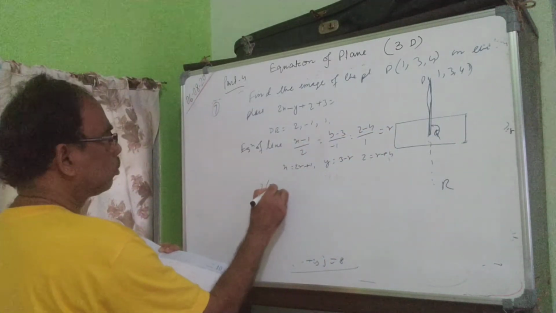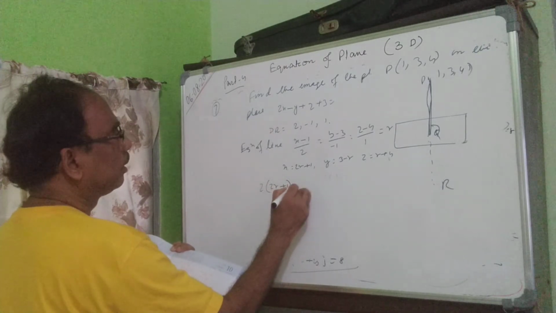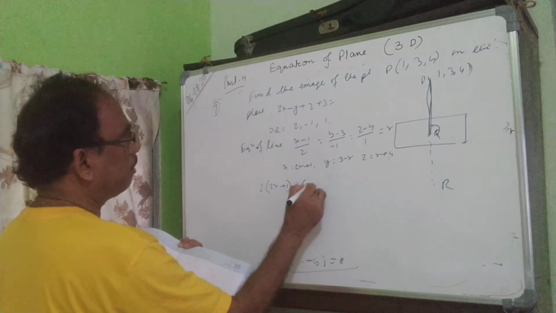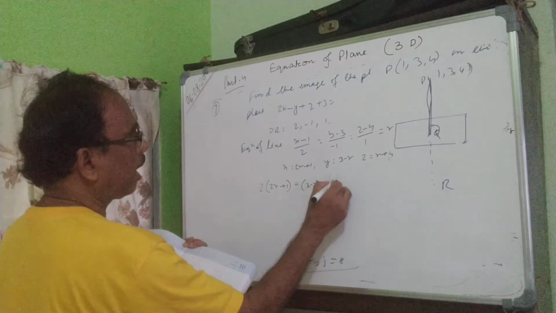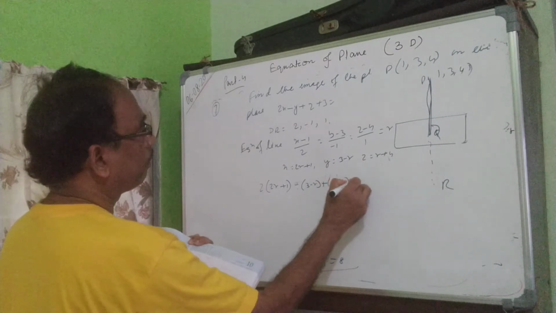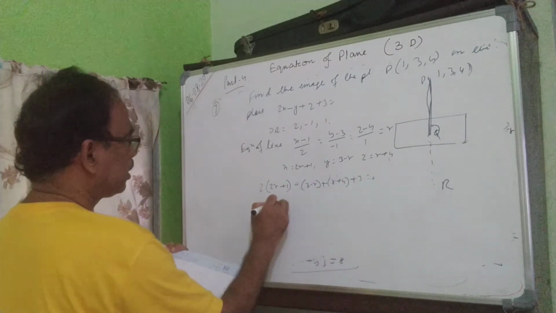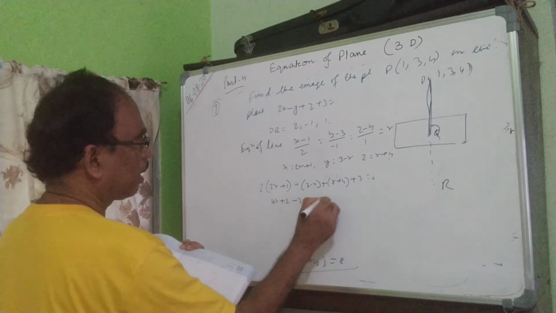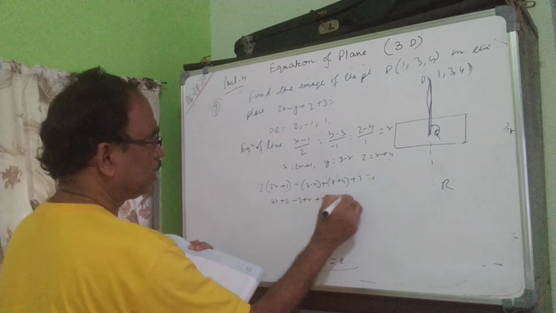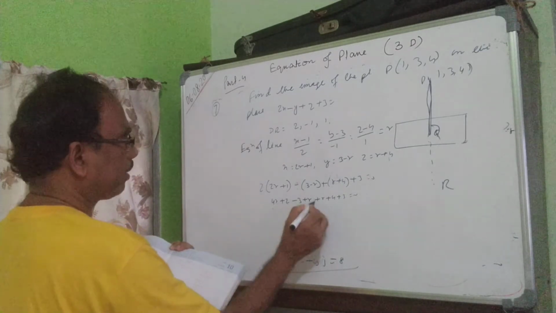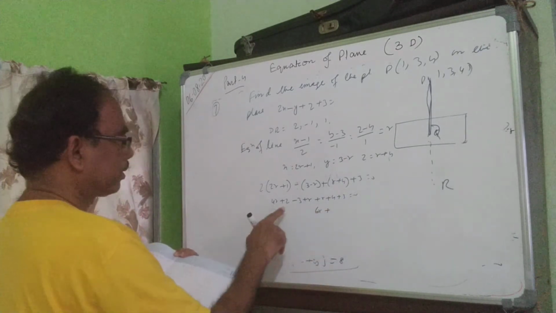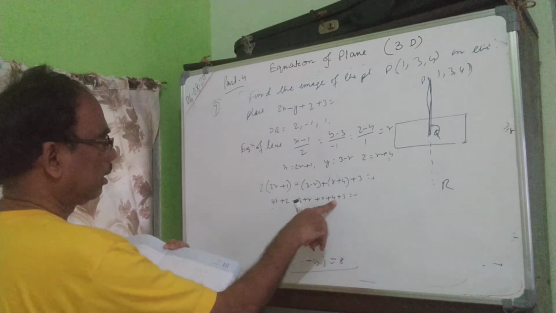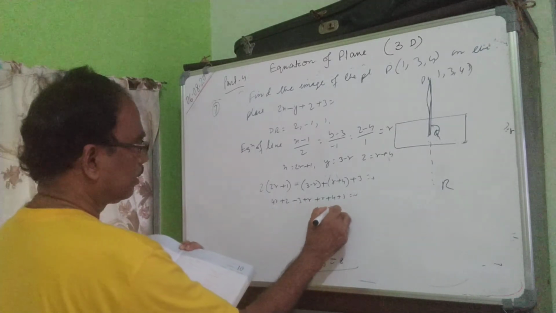Therefore 2(2r + 1) - (3 - r) + (r + 4) + 10 = 0. That is 4r + 2 - 3 + r + r + 4 + 10 = 0. So 6r + 12 = 0.